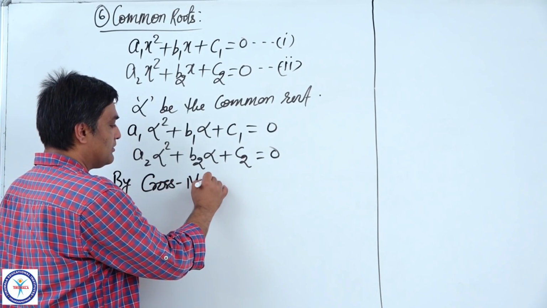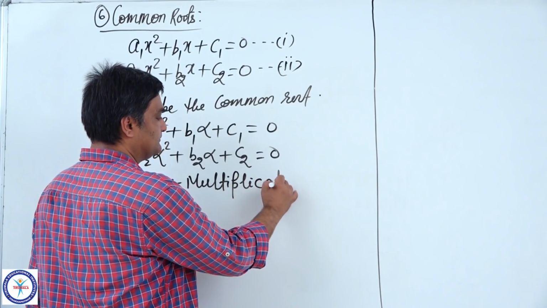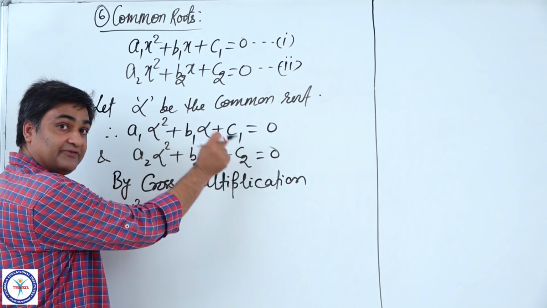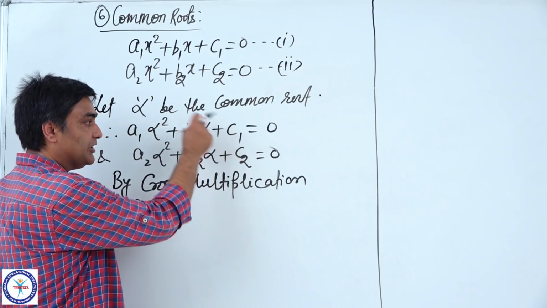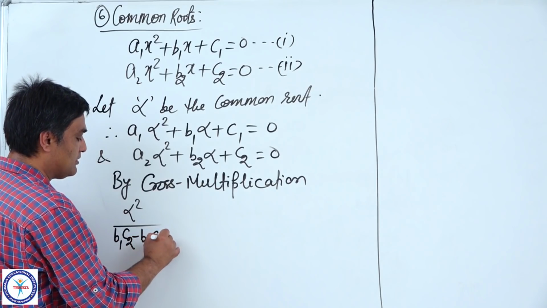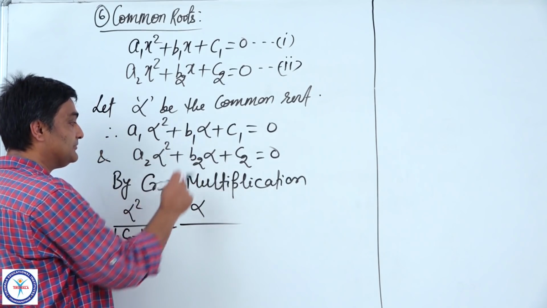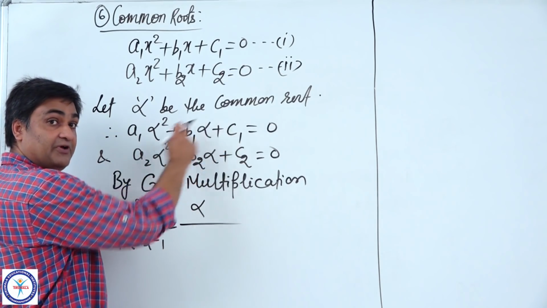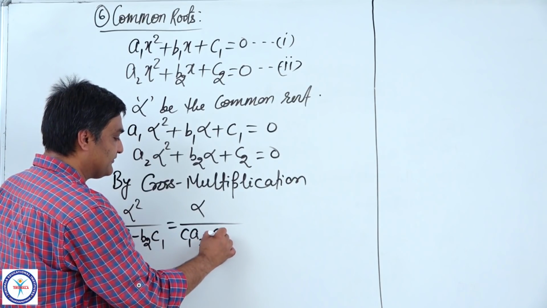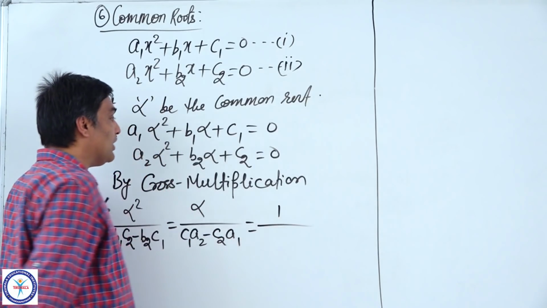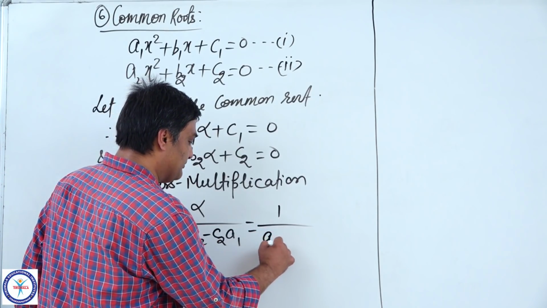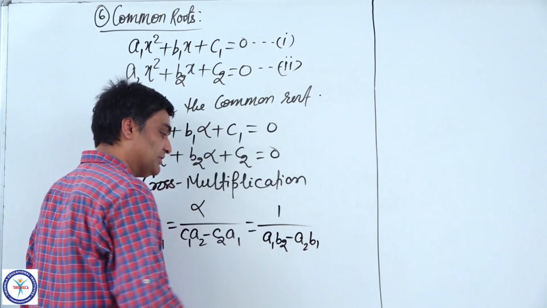By cross multiplication, alpha square by b1 c2 minus b2 c1 equal to alpha by c1a2 minus c2a1 equal to 1 by a1b2 minus a2b1.